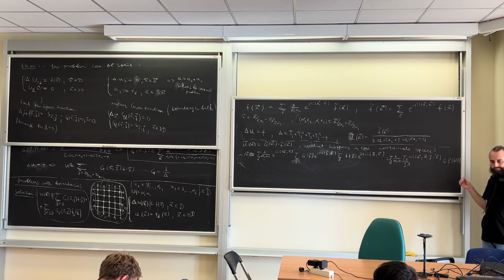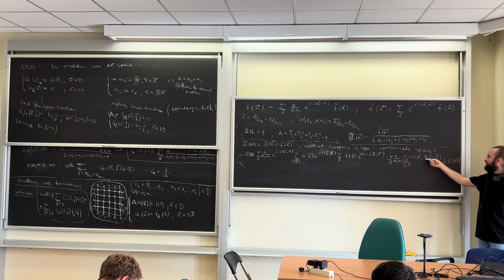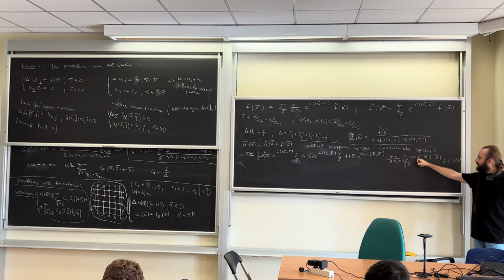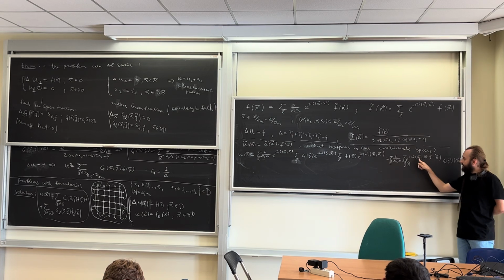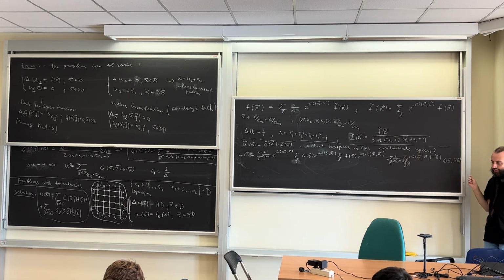You remember these vectors are integer vectors, and e to the 2 pi I k1 and e to the 2 pi I k2 are some roots of unity of order n1 and n2.